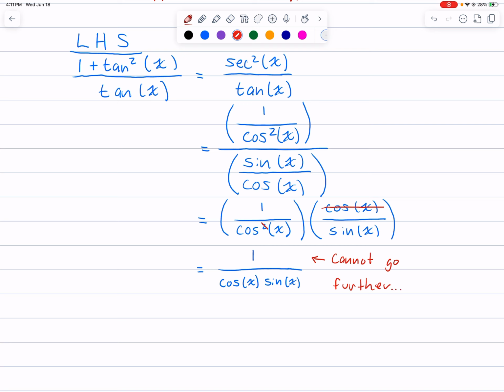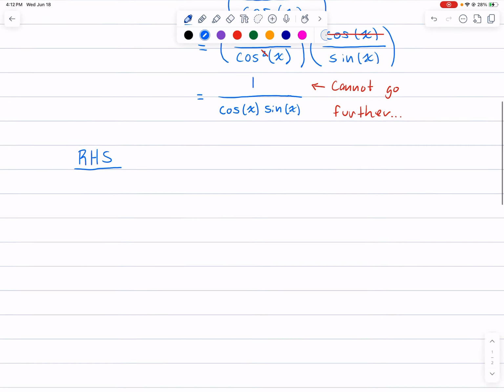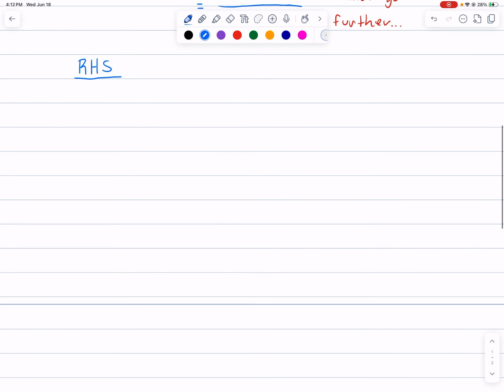So once we get to the point where it's basically all simplified, there's nothing else to do, we then switch to the right-hand side. So why don't we do our scratch work then for the right-hand side? So I'm just going to go down here and rewrite what our right-hand side is.